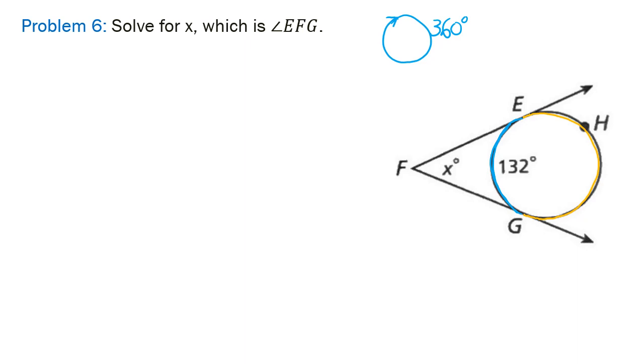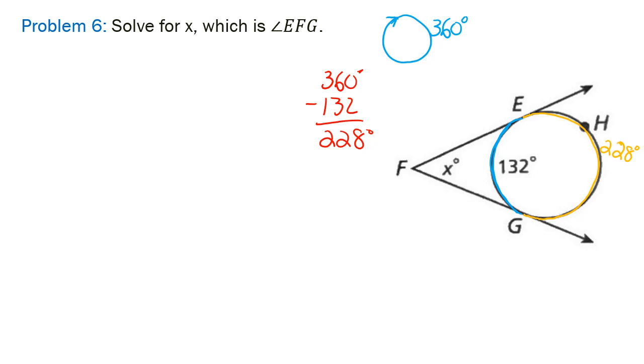Well, the blue arc is 132. That means what's left over would be, so 360 minus 132, what's left over would be our orange part. So 360 minus 132 is 228. So this right here is 228 degrees. So now we can use our information to figure out what the x is.